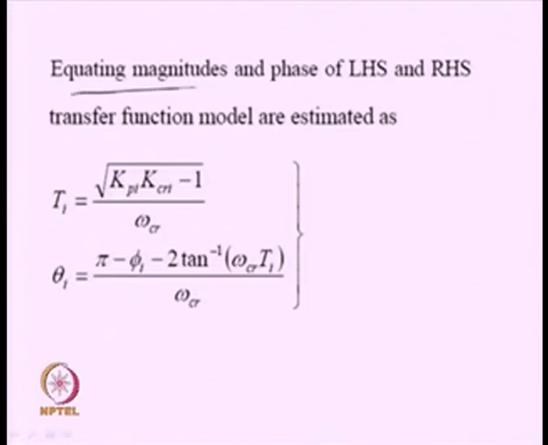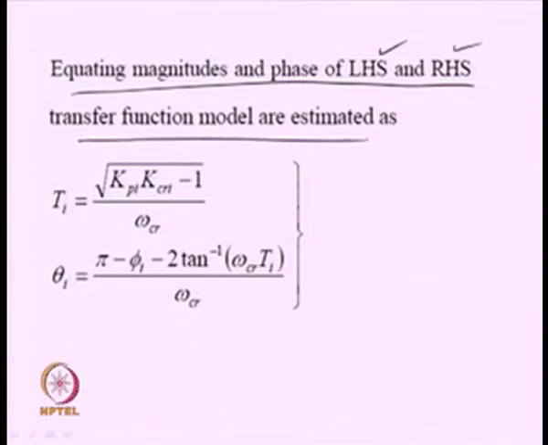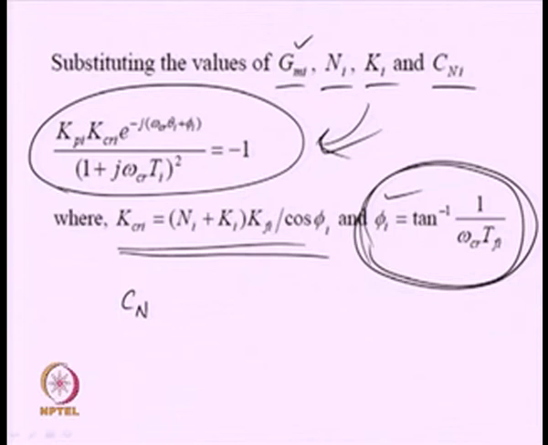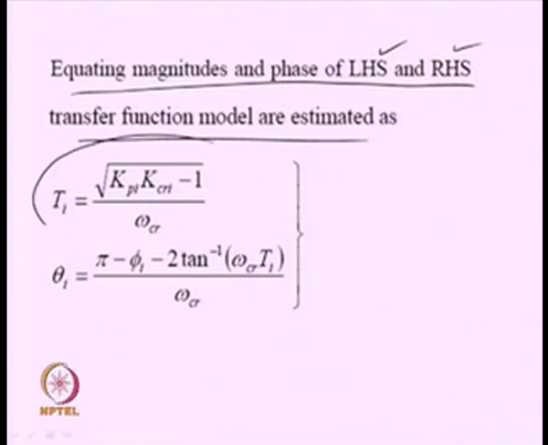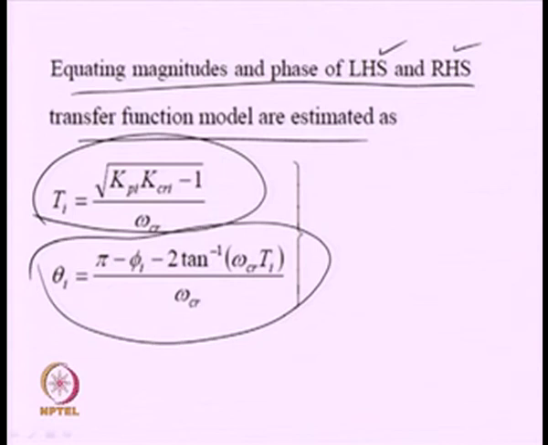Now, equating the magnitudes and phase of the left hand side and right hand side of the transfer function models: if I take the magnitude of the left hand side with the magnitude of the right hand side, and the phase of the left hand side with the phase of the right hand side, that results in the expressions TI is equal to root of (KPI KCRI minus 1) upon ωCR, and θI is equal to π minus φI minus 2 tan inverse (ωCR TI) upon ωCR.